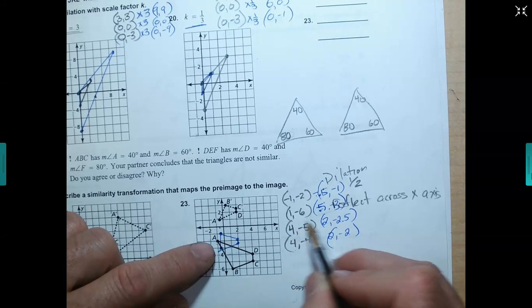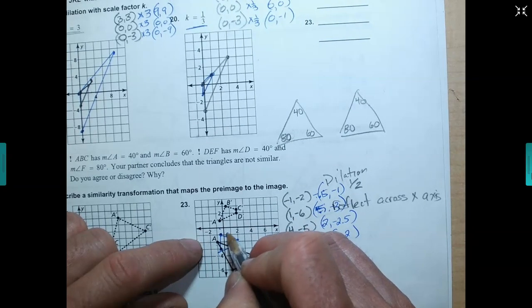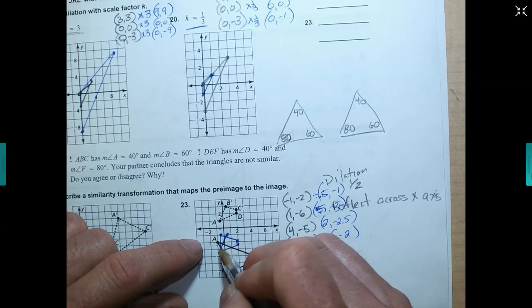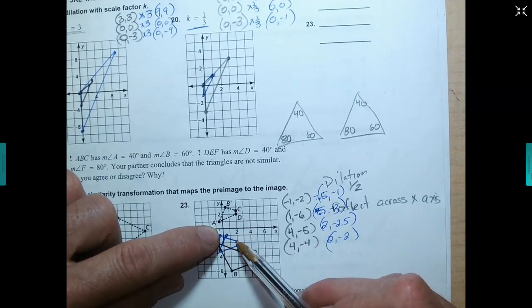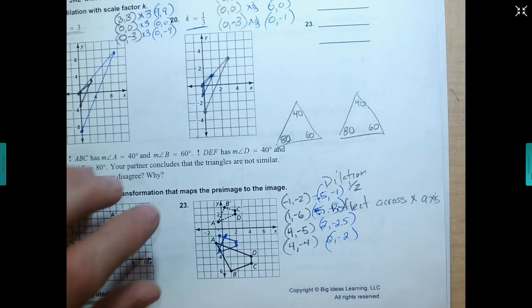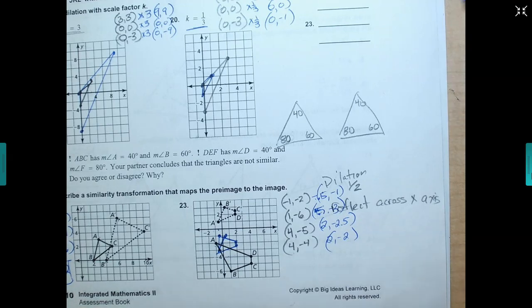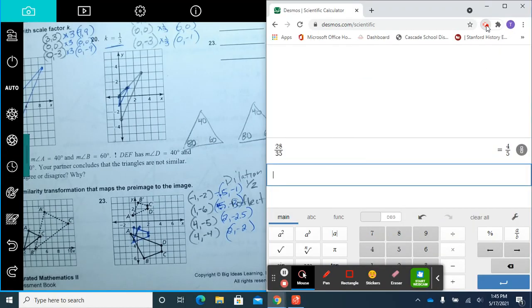Oops, that's 0.5, so that should be right here. So take that one out. And then if I reflect it across the y-axis, this goes here, this goes here, this goes here, this goes here. All right, there it is. Hope you do well on the test, and we will see you in class.